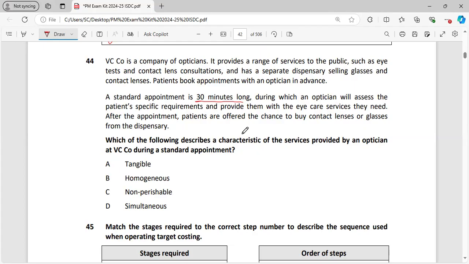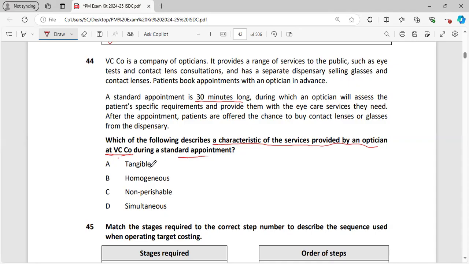After the appointment, patients are offered the chance to buy contact lenses or glasses from the dispensary. Which of the following describes a characteristic of the services provided by an optician at VC company during a standard appointment?